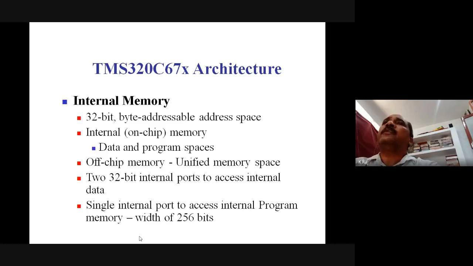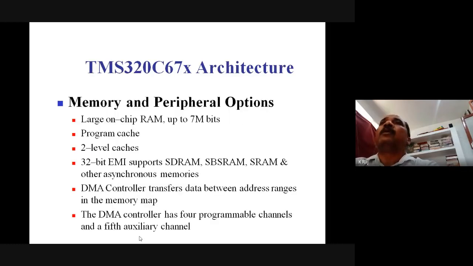Internal memory, that is the 32-bit byte addressable address space, and internal on-chip memory having the data and program spaces, off-chip memory, unified memory space, and the 2 32-bit internal ports to access the internal data, and a single internal port to access the internal program memory having the width of 256 bits.